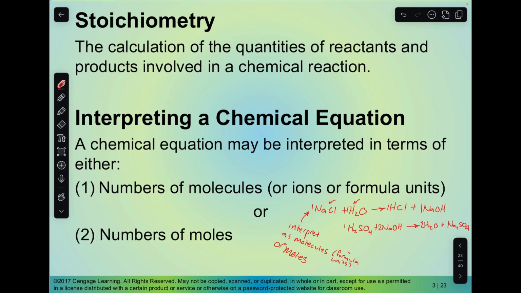And so now the ratio is different. We have a 1 to 2 for some values and a 1 to 1 for others. And so we can interpret this as 1 molecule for every H2SO4 and 1 molecule for every Na2SO4 or something like that. Or moles. Moles are fine as well.